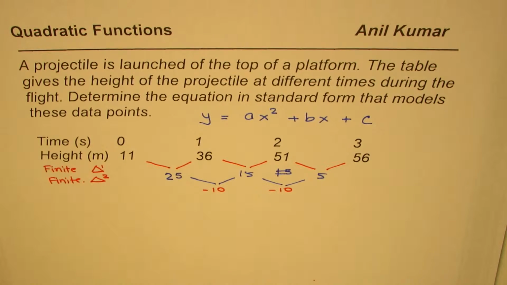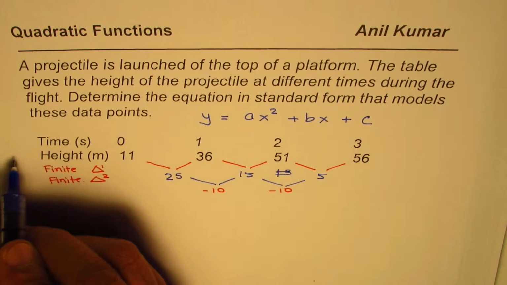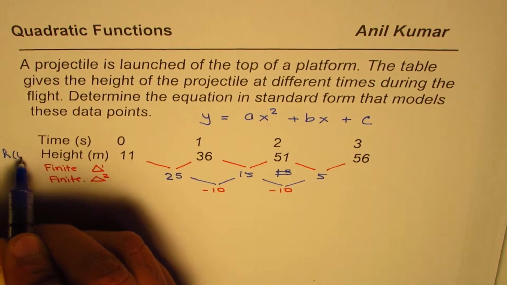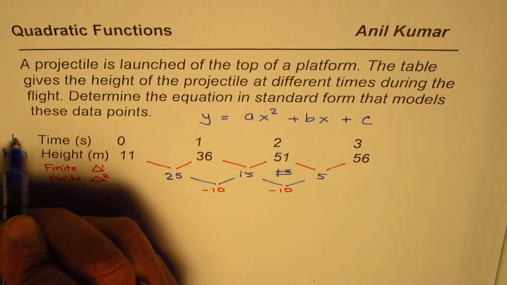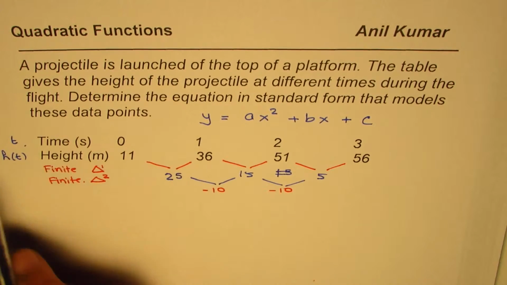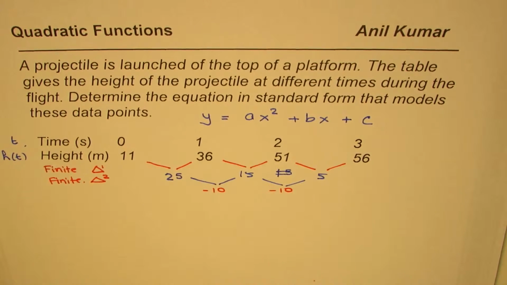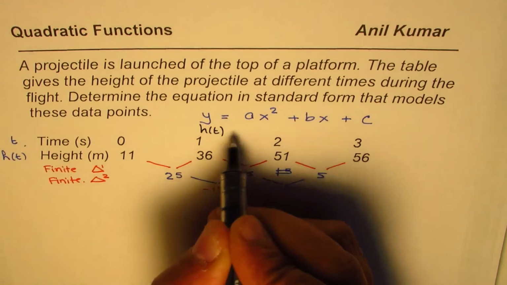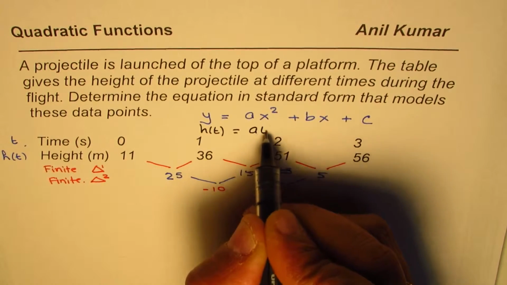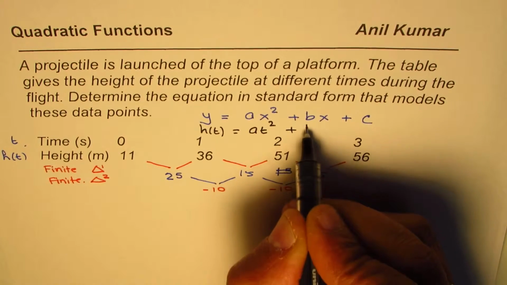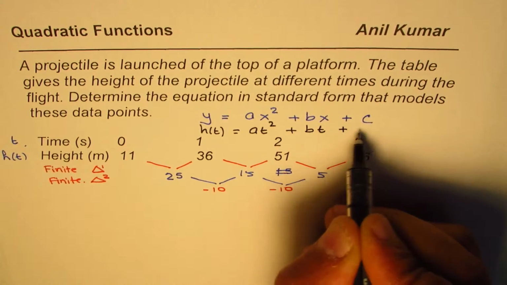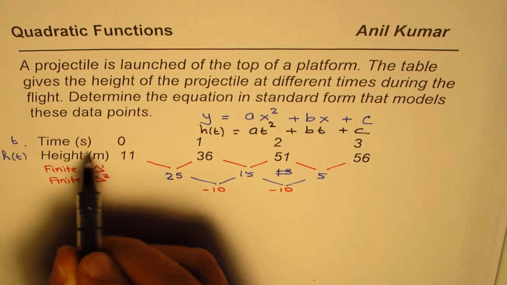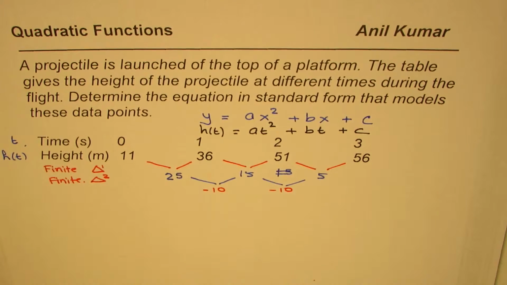So I will use the variable h of t, t for time in seconds. So I'll write my equation as h of t equals at squared plus bt plus c, correct? Height in meters and independent variable time t in seconds.